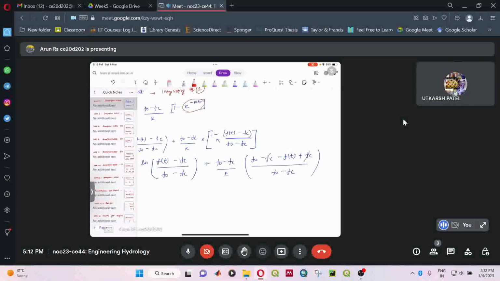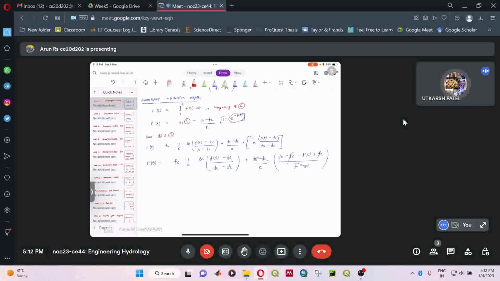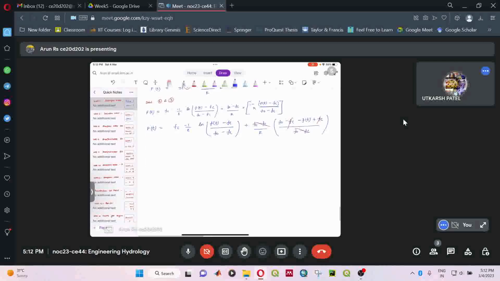Here plus fc minus fc, these two we can cancel. So the remaining term will be F of t is equal to fc into minus 1 by k ln of (f of t minus fc) divided by (f naught minus fc), plus (f naught minus f of t) divided by k.